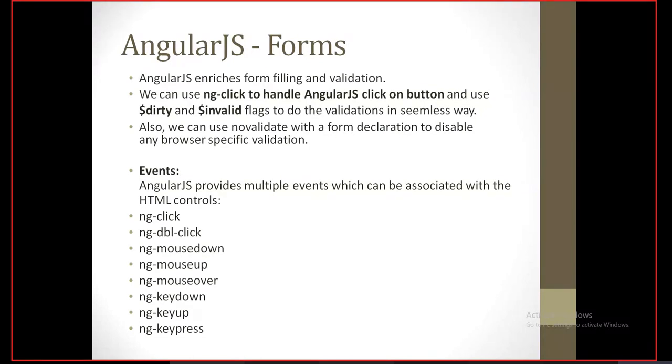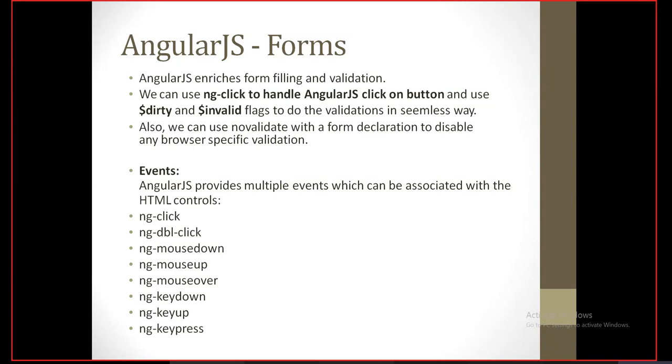We define the onClick attribute; for that, we will use the ngClick directive to handle any button clicks in an AngularJS application. And we will use some values like the $dirty or $invalid flag. Whenever we have to perform validation, we will use these flags. We'll see them in detail.